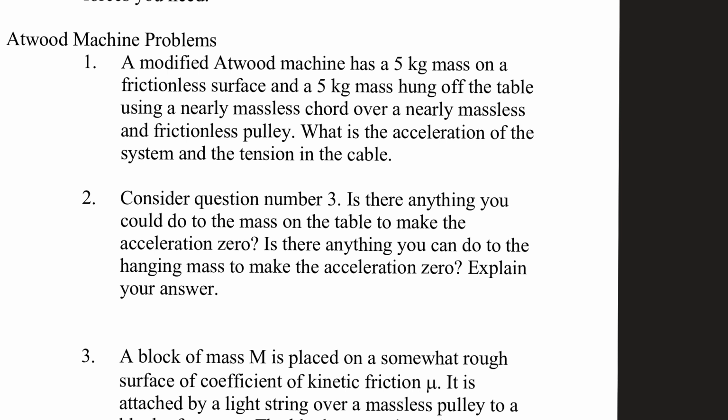Let me tell you how you should approach this question, okay? It's referring to a modified Atwood machine where you have a block on a table and there's no friction, and a block that's hanging off the side. So in that question, our table, the block hanging off the table, the block on the table, an ideal pulley, and a light string connecting them together.